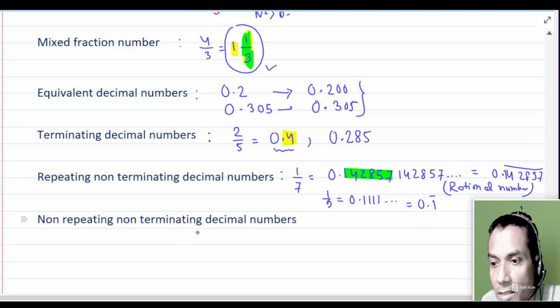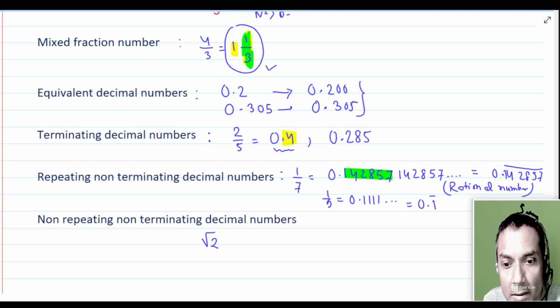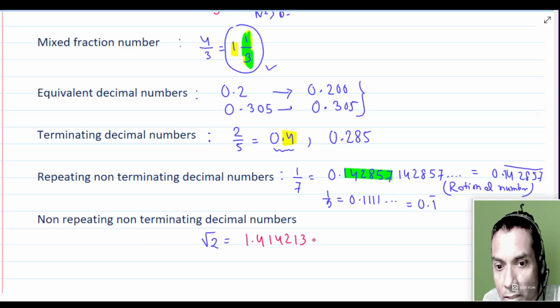Non-repeating non-terminating decimal number. For example, if I tell you √2, what value do we get? We get 1.41421356 and it continues.